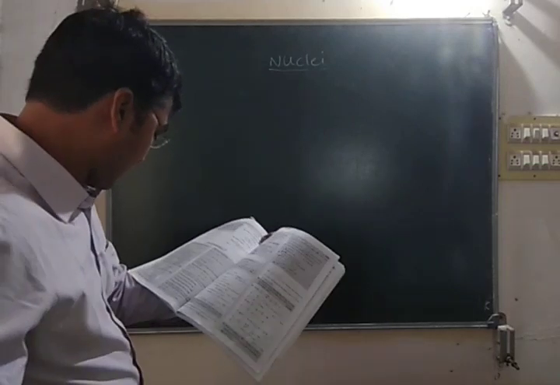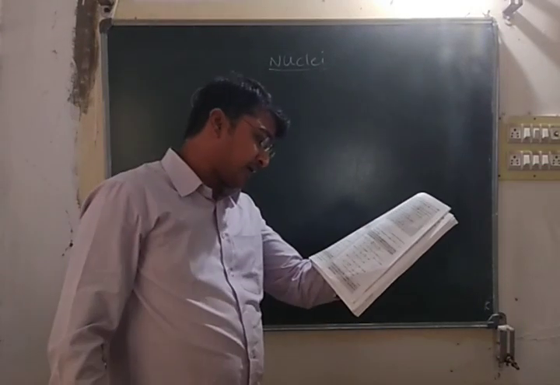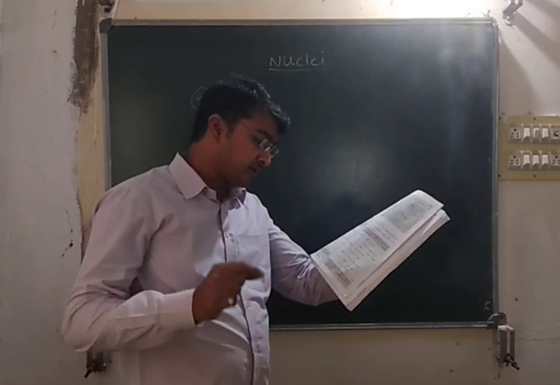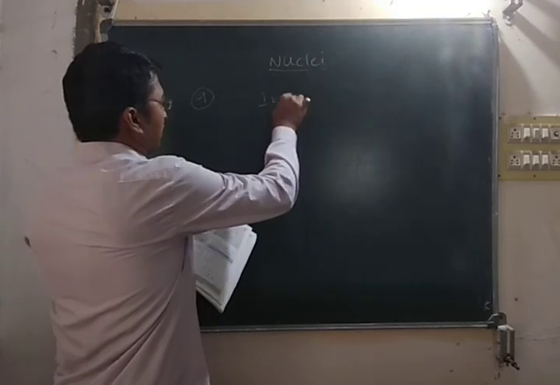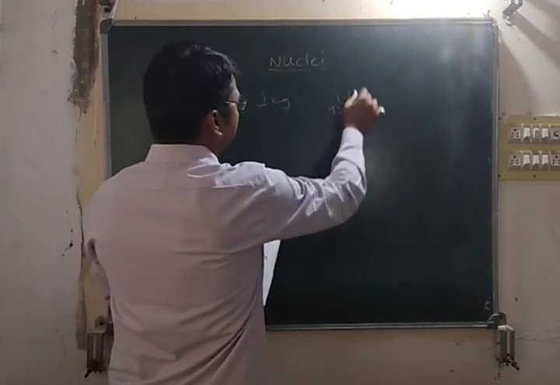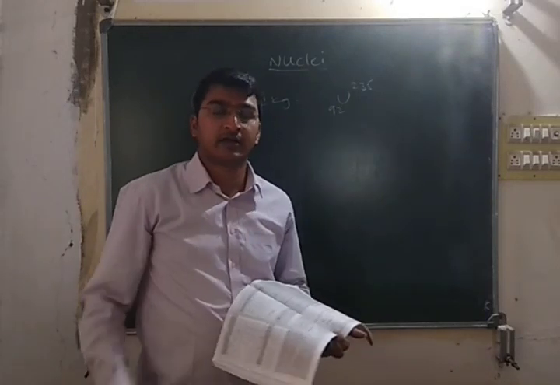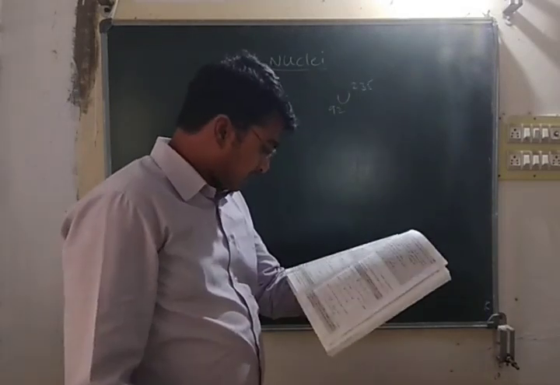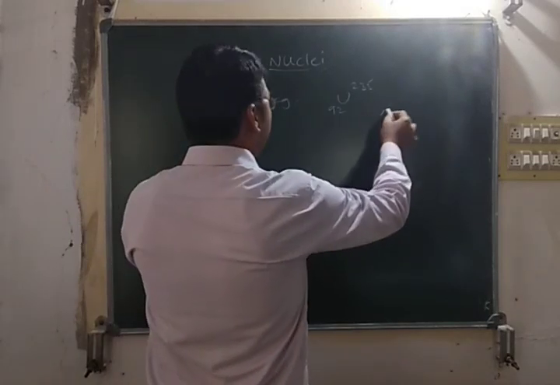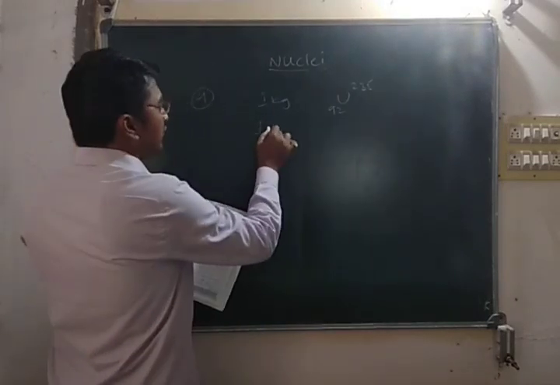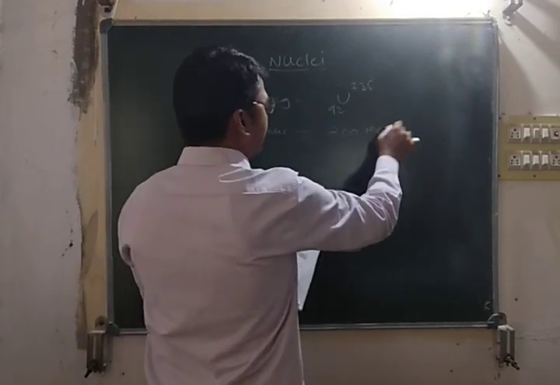Question number 9. The energy liberated on the complete fission of 1 kg of uranium-235. Listen to this one; this type of question is calculation based. For each fission, one nucleus will produce 200 mega electron volts of energy.